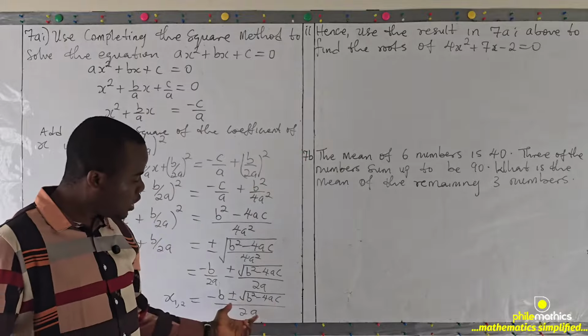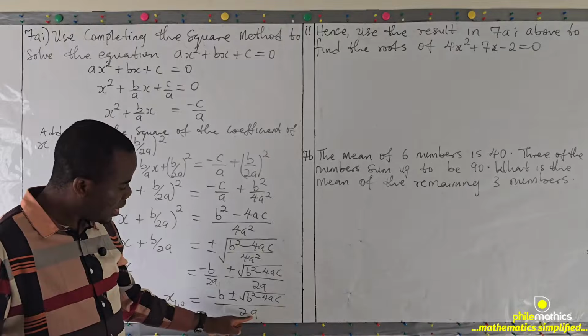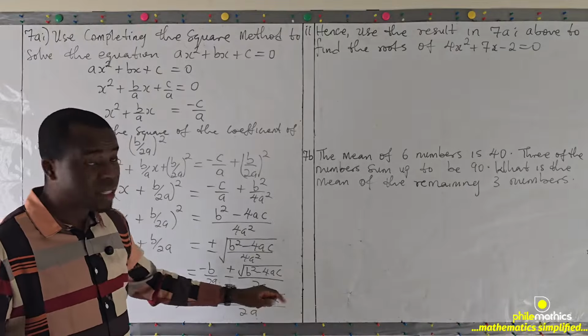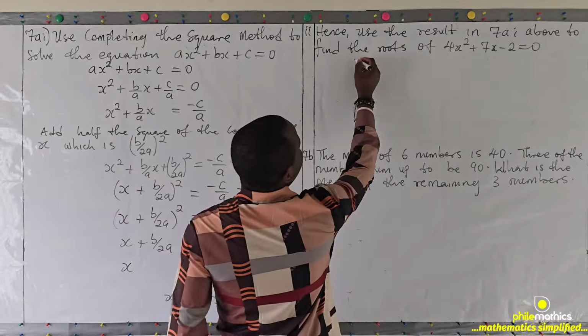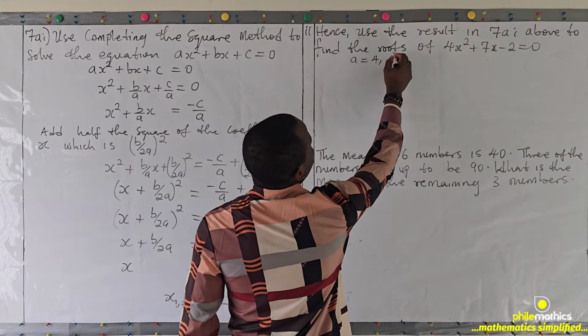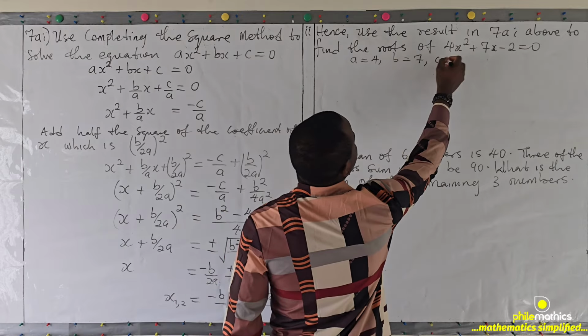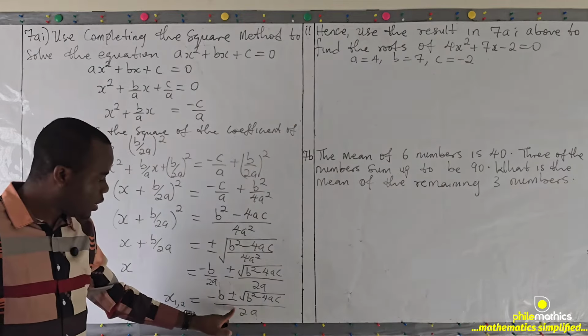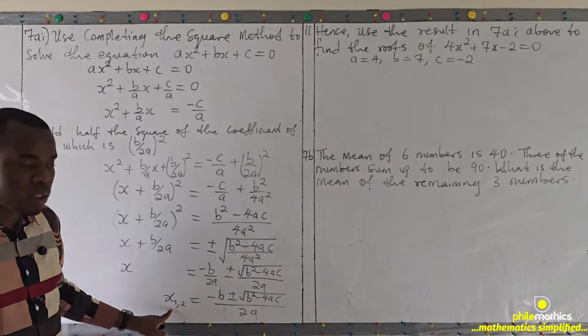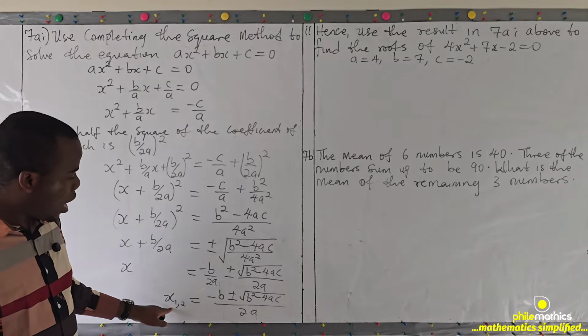So for us to use this, we need to know what a, b, and c are. In this case, a is 4, b is 7, c is minus 2. And so we'll substitute this into this, and then we'll get what our two roots are.